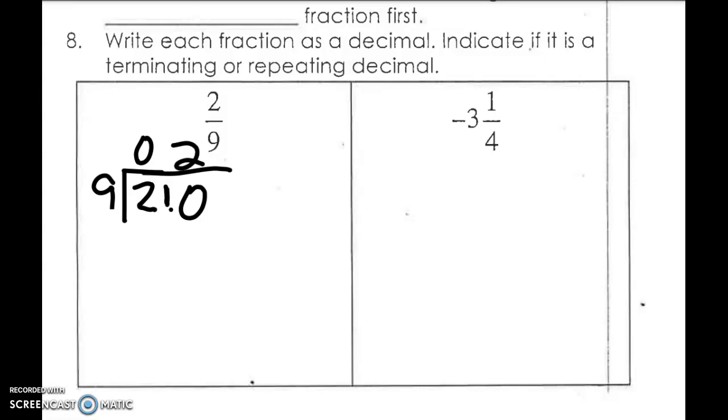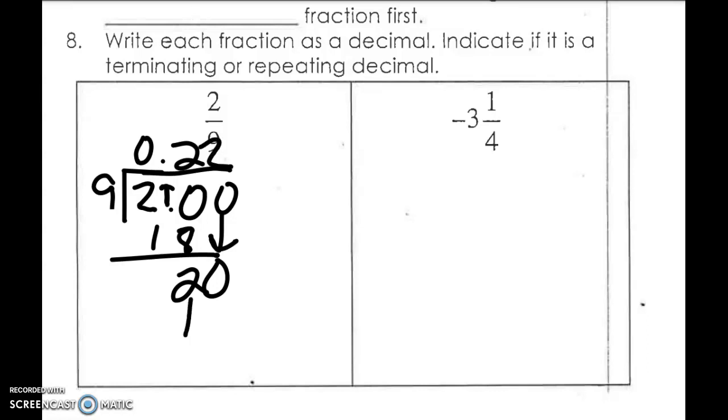Also, make sure that decimal comes straight up. Then 9 times 2 is 18, and when you subtract that, you get 2. Add another 0 because we still have a remainder here. We're going to keep going until we don't have a remainder. Notice we have 20 again. Well, 9 will go into 20 2 times. You get 18, and now you're left with 2.